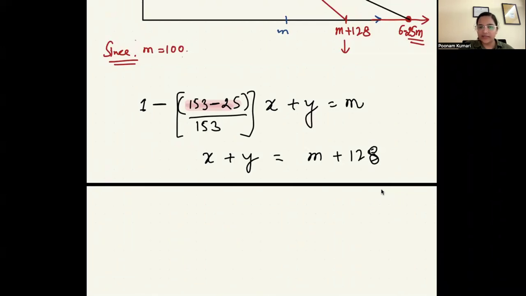Okay, clear till here? Let's subtract these two. If we subtract these two, what do we get?